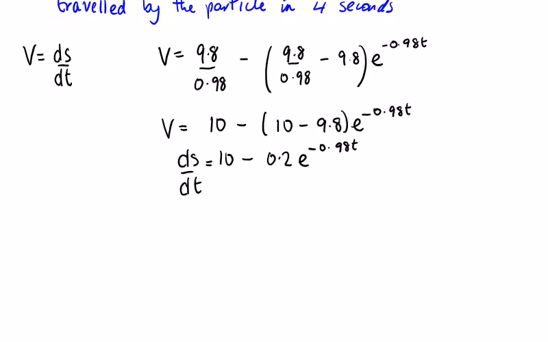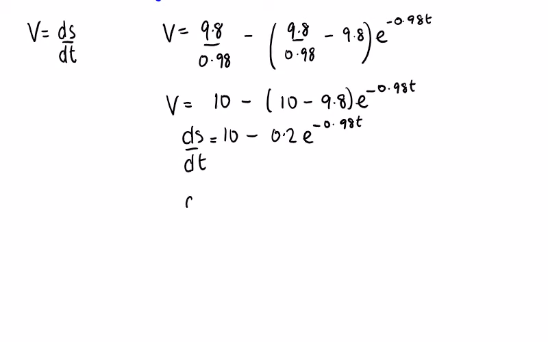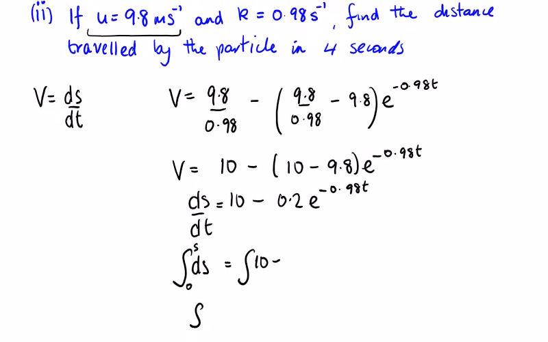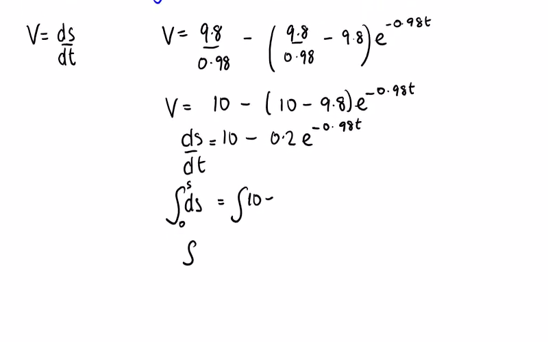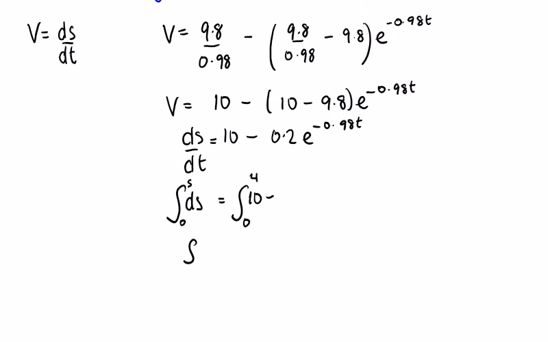So to get s on its own, distance, we need to integrate ds. When we integrate that between s and 0, we get back to s. And we're looking at the integral of 10 minus 0.2 e to the power minus 0.98t, for the first 4 seconds, so between 4 and 0.